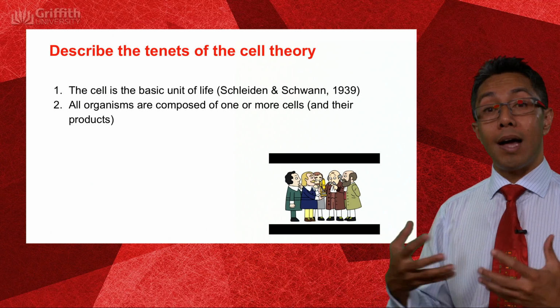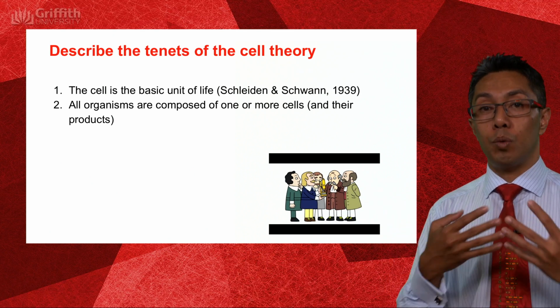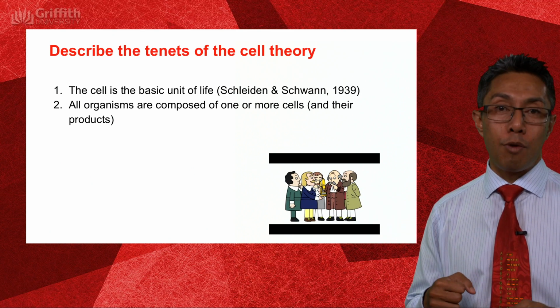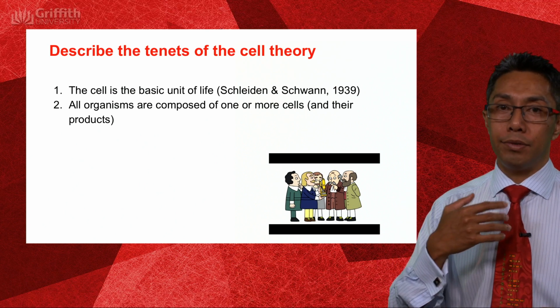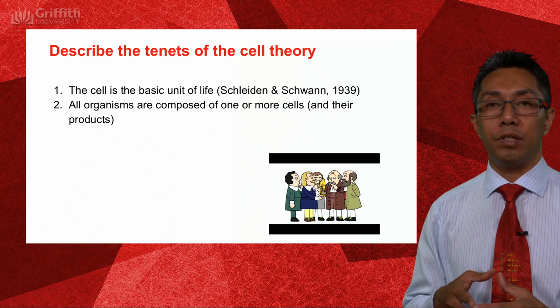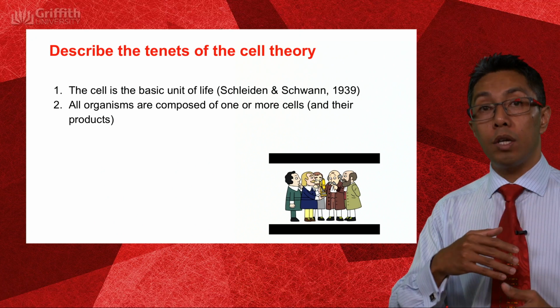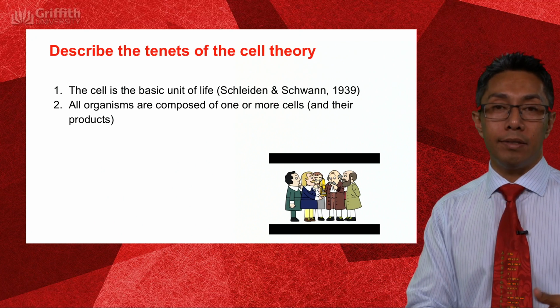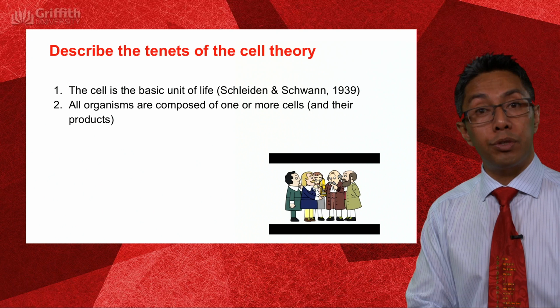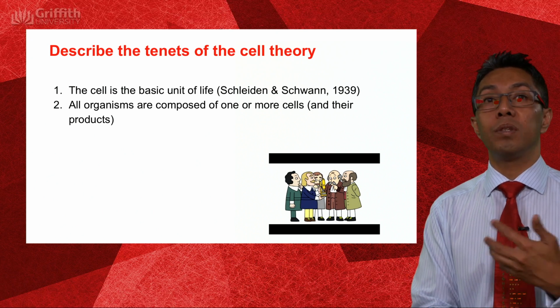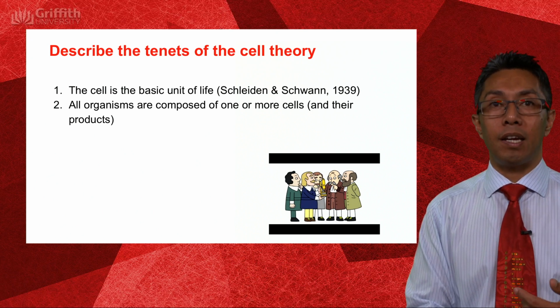So us, for example, we're made of cells, but then we're also made of things like hair and nails and other stuff as well. Okay. So organisms are made up of one or more cells and their products. So that would also include flagella, for example, or cilia as being another product.